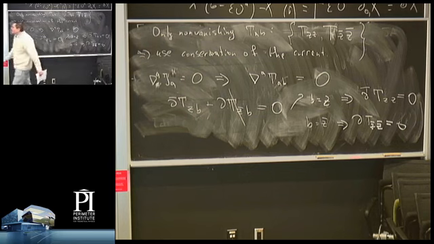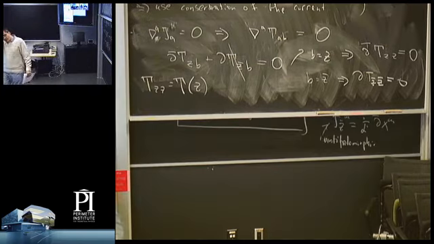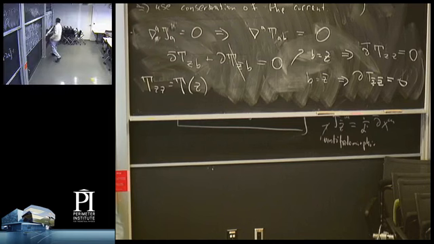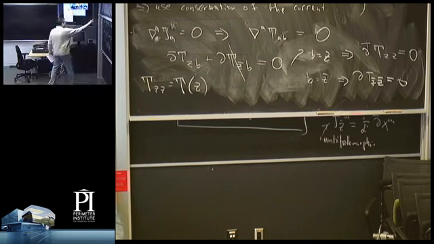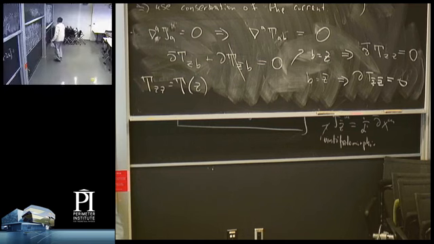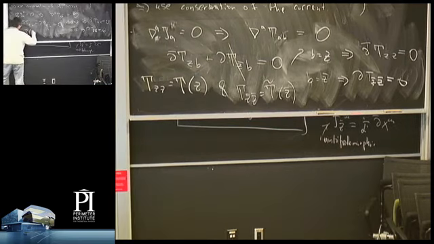So what we discovered is that the invariance of the theory under this Weyl translation puts constraints on the stress energy tensor. In particular, it implies that T_zz is actually a holomorphic function.